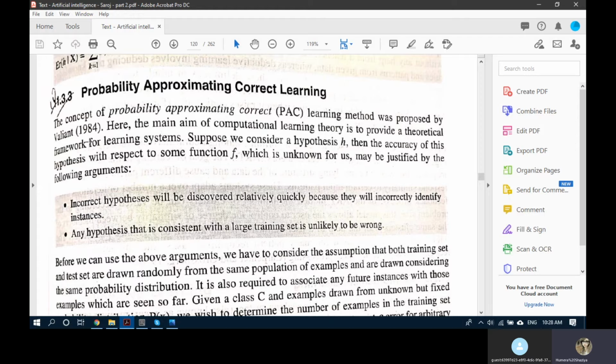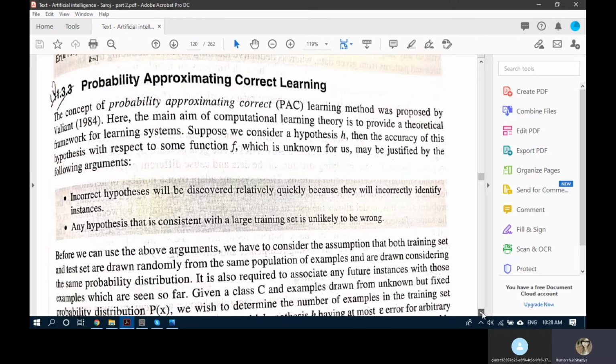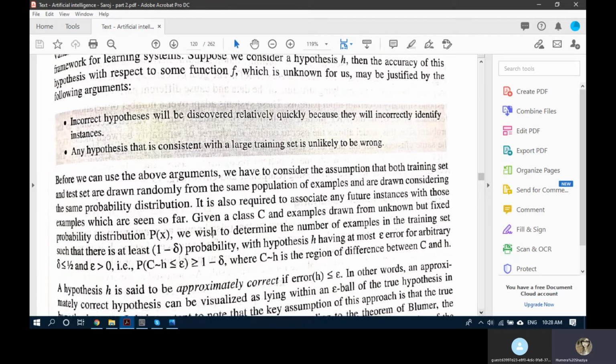It is based on probability concepts, and here what is said is you have a class and an unknown but fixed probability distribution, and the idea is to determine the number of examples in the training set such that with at least 1 minus delta probability, hypothesis H has at most epsilon error, for arbitrary delta less than or equal to half.